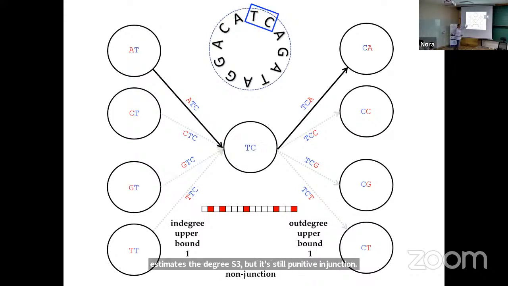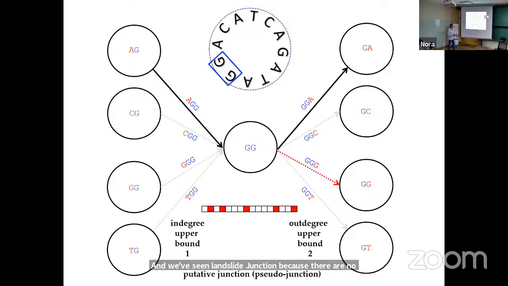For TC, it was a non-junction, and it remains a non-junction because there are no fake k-mers here. But GG was originally a non-junction, but there is a fake edge here, and it becomes a putative junction.